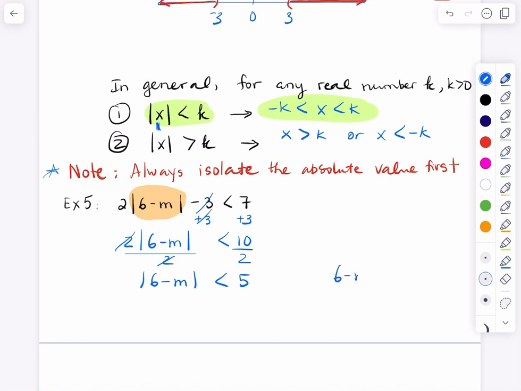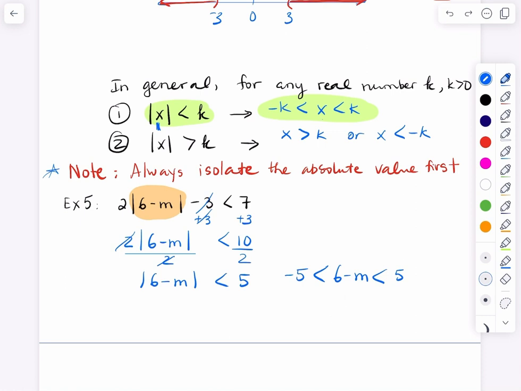So 6 minus m is in the middle. And then on the outside, we should put 5 and negative 5, just like what we have up here with negative k and k. Now it becomes a 3-part compound inequality, where we can get the variable by itself.